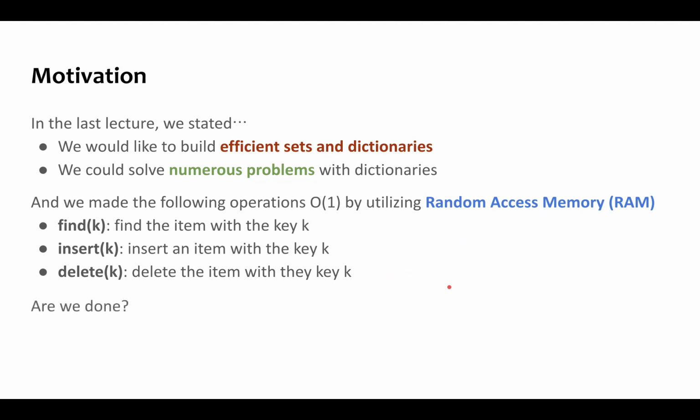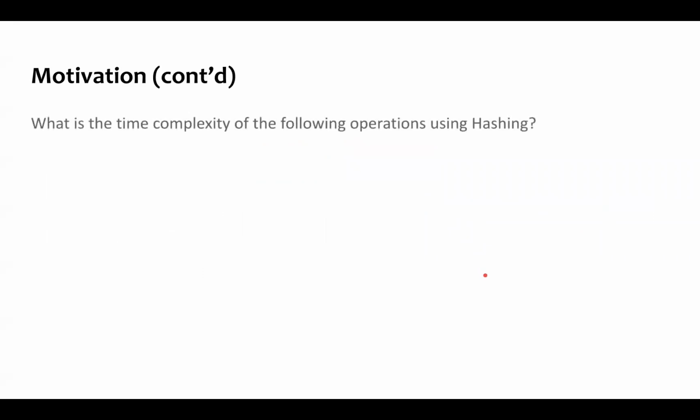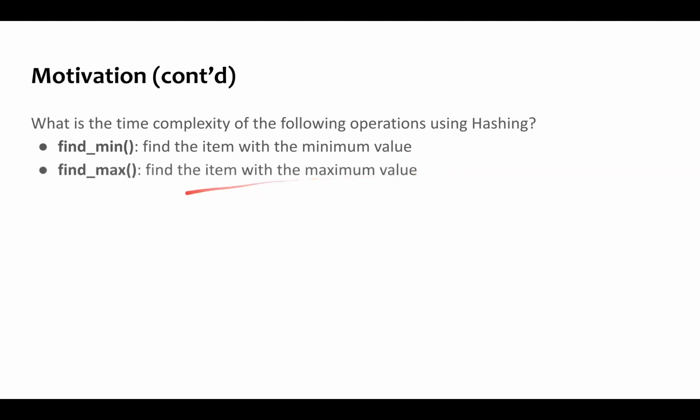And are we done? So what is the time complexity of the following operations using hashing? Find min, find the item with the minimum value among all the items stored in our dictionary, and find max, which finds the item with the maximum value.